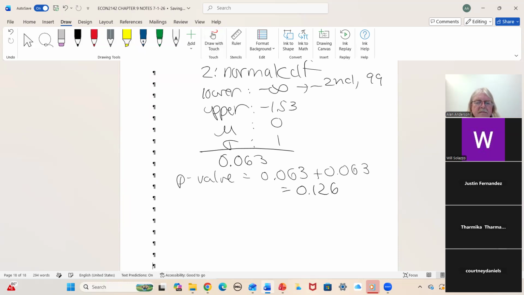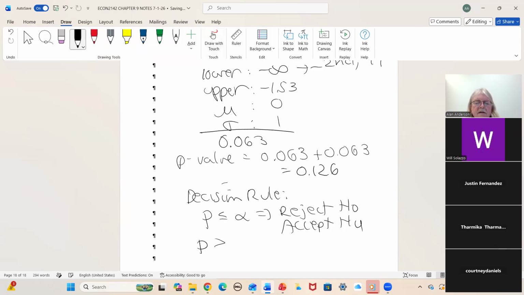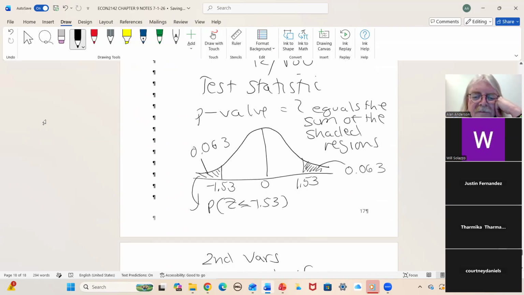Now remember how this decision works. With the p-value, if it's less than alpha, that means reject the null, accept the alternative. Otherwise, do not reject. Now here, the alpha they gave us was 0.05.